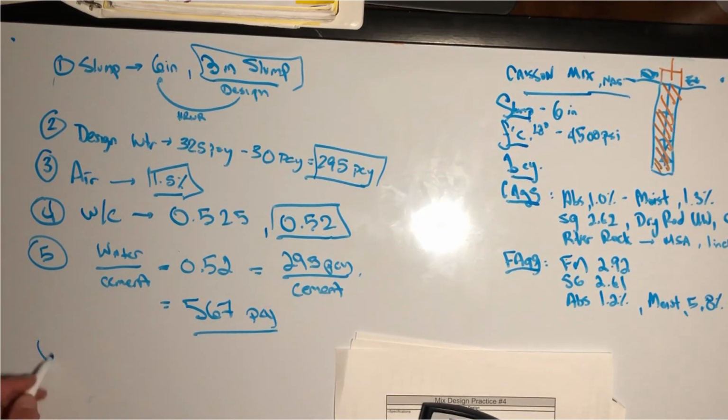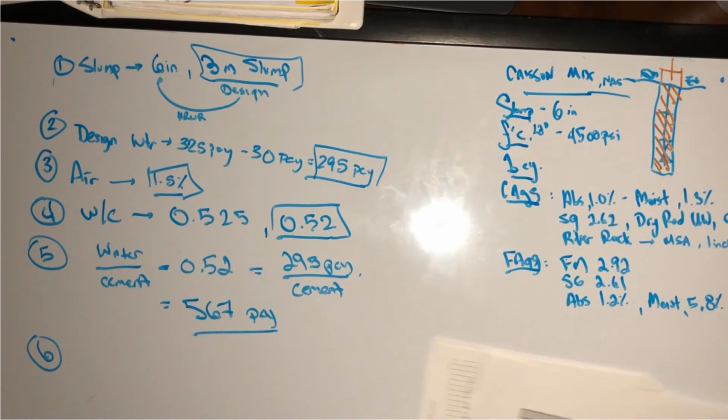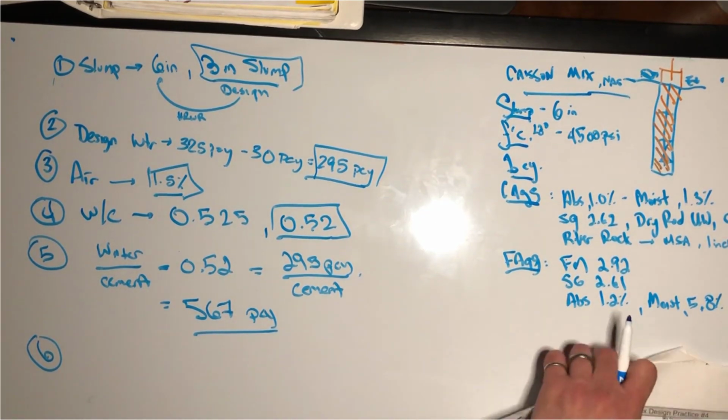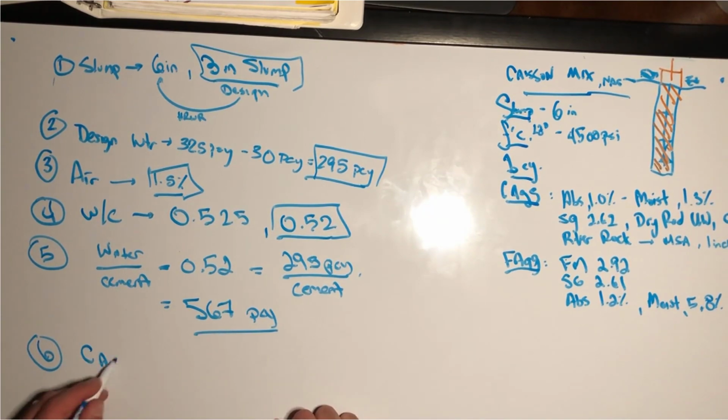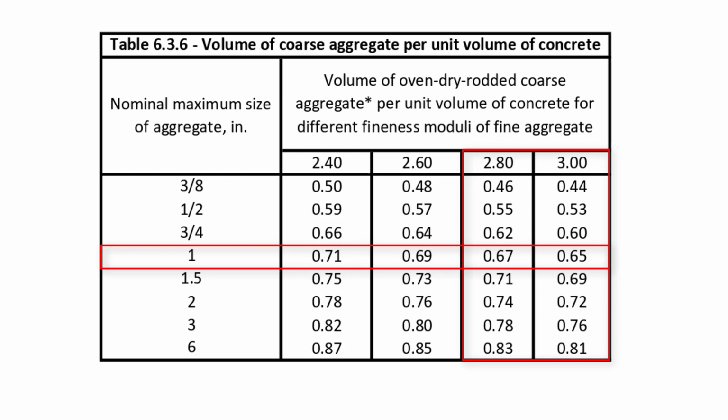So a final thing we're going to do here using the tables is determine our coarse aggregate. So our coarse ag, pounds per cubic yard, equals, what is our fineness modulus? 2.92. And we have a 1 inch aggregate.